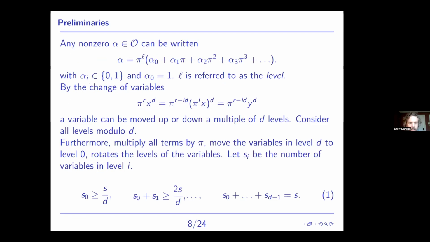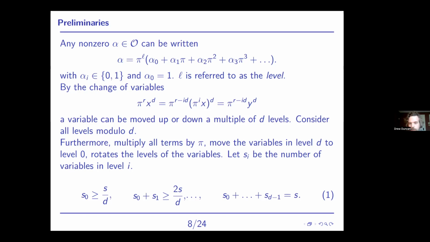Okay, going further, any non-zero alpha in this ring can be written in a unique way, which I'll call its canonical representation, as pi to the L times some power series in pi, where the coefficients in this power series are either 0 or 1, and this lowest order coefficient is 1. It's non-zero. That's what I mean when I say that this is a unit.